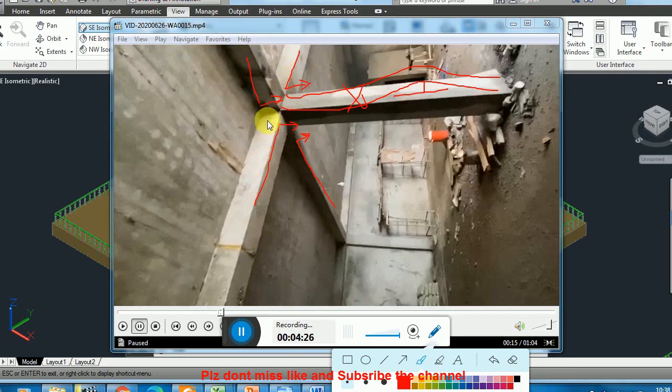And remember, this loading is very simple. The reaction which is calculated for this beam, we will reverse that reaction, and we say that is our loading on this column. Similarly, the reaction of that beam, similarly the reaction of that beam. Okay, and similarly the reaction of this beam. Those 4 reactions are calculated, and they are acting over this column.